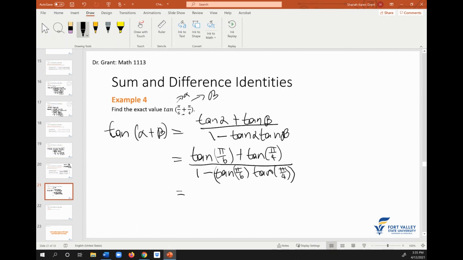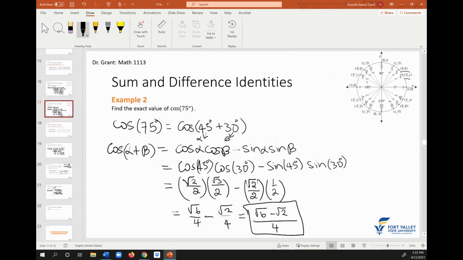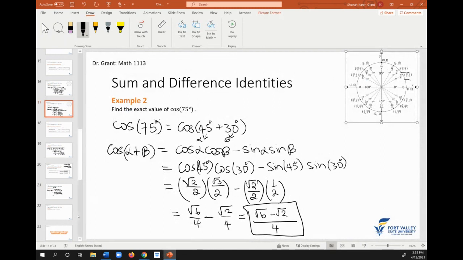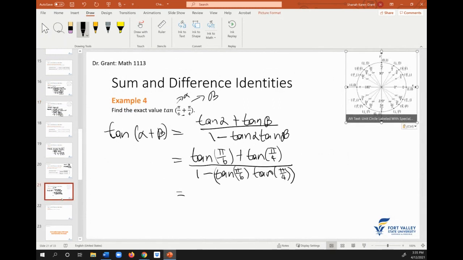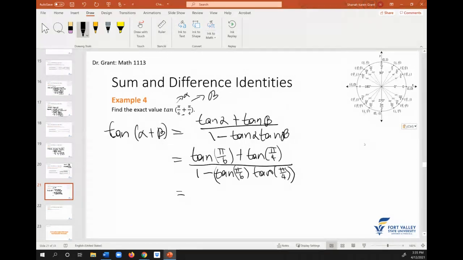So to find tan of pi over 6, let's go here and copy this so we can see. Remember, tan is sine over cosine. So this would be root 3 over 2, and I'm just doing this first one so you guys can see, divided by 1/2.